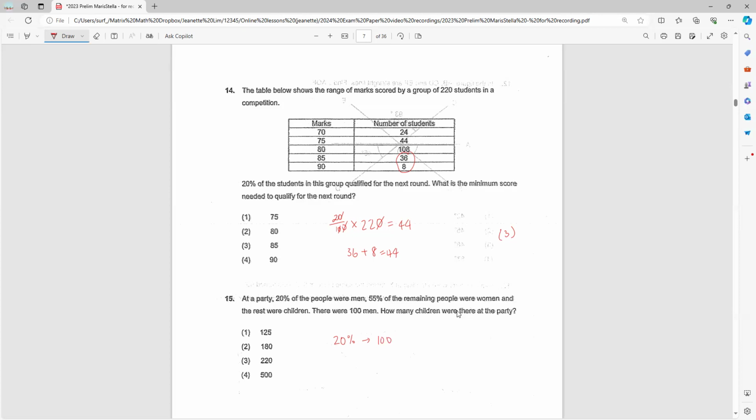So 80%, which is the women plus children, you times 4. Oops. Which is 400.